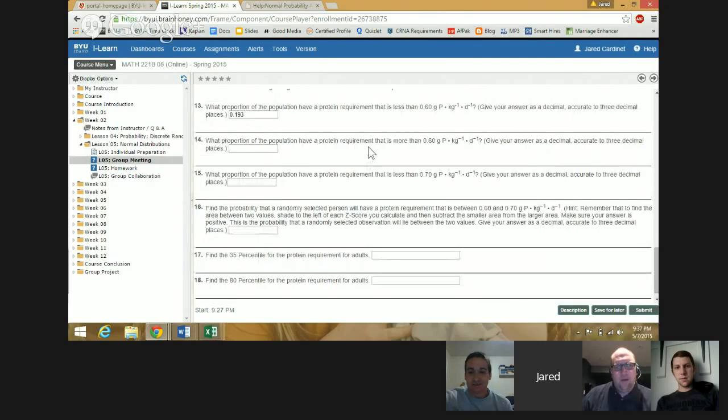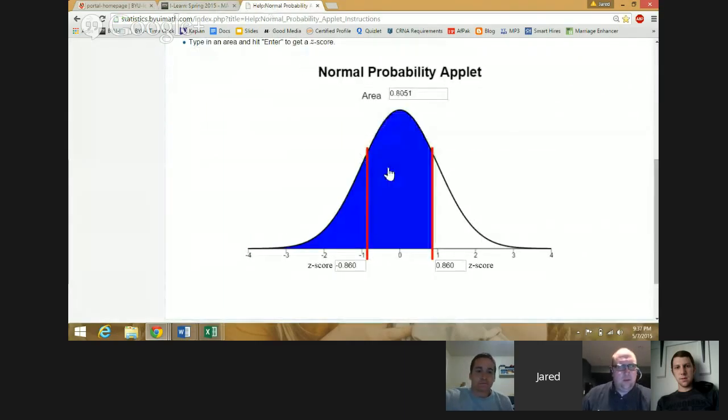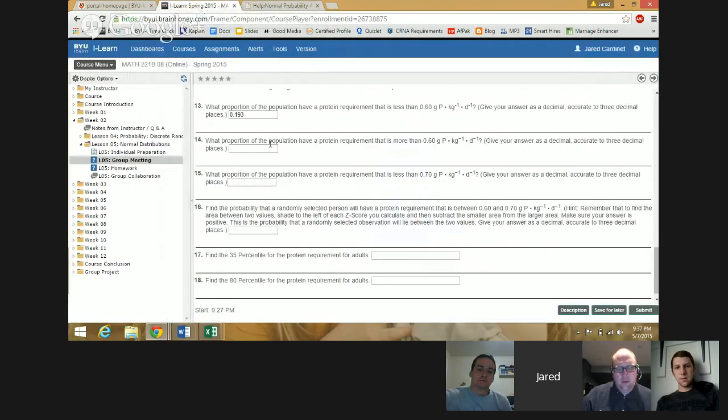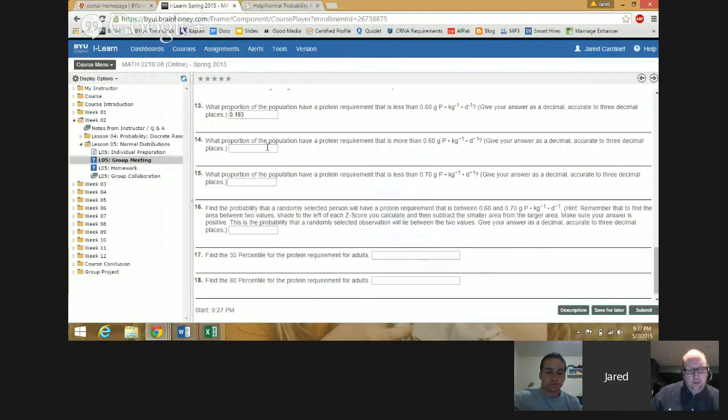What proportion of the population has a protein requirement of more than 0.6? Oh, well, that's easy. You just look it up. 0.805. What was the question before that? Less than 0.6, it was 0.193.